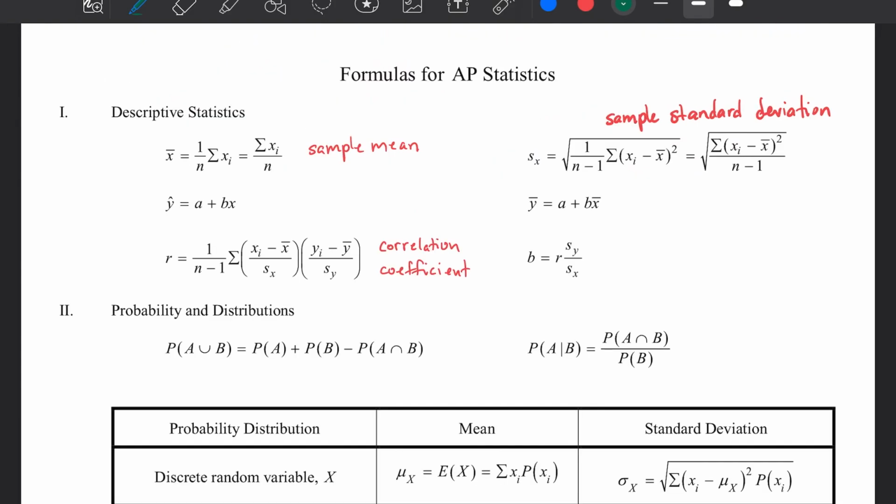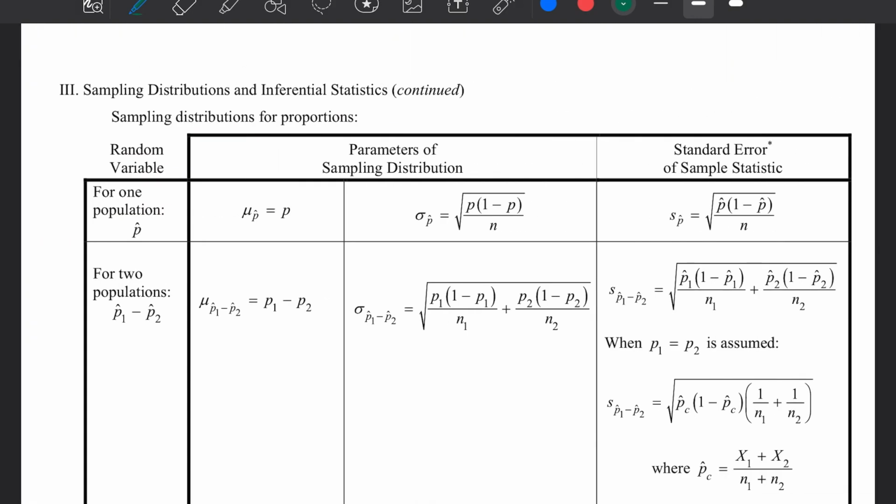And on the second page of the formula sheet, we have here this idea about dealing with one population in terms of a proportion, sampling distribution for proportions. And so we can see here that the sampling distribution should be centered at the same place the population is, okay? And we can find our standard deviation here by using the p that we've established earlier on and finding the standard deviation there.